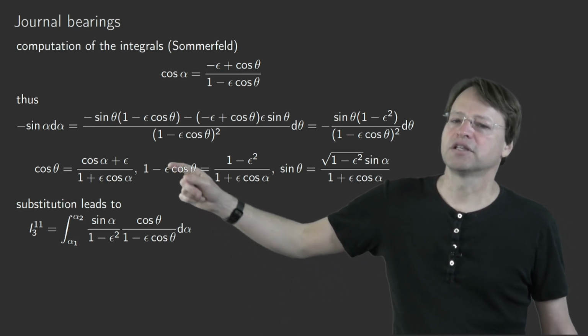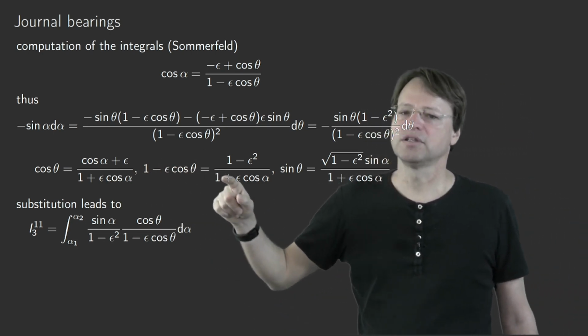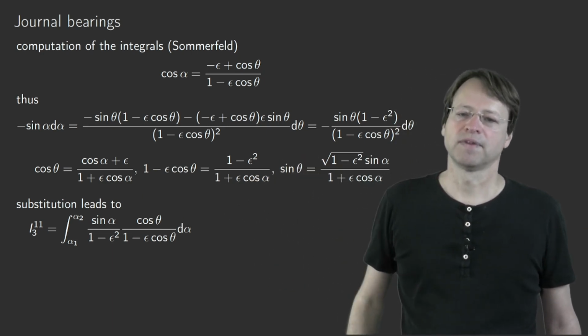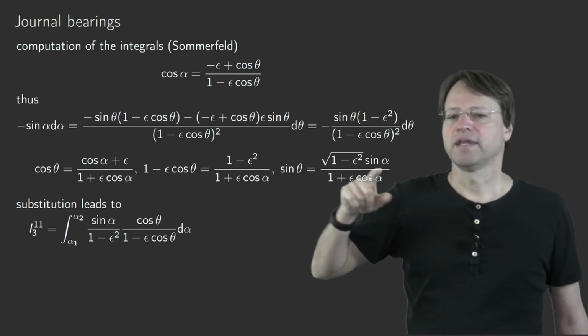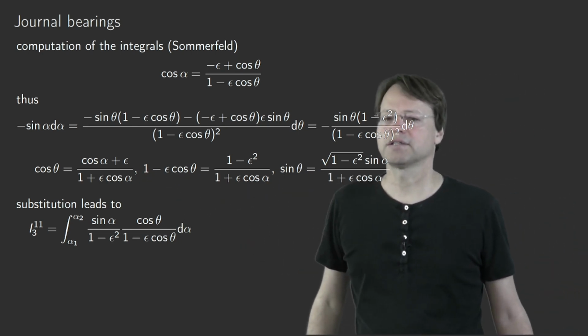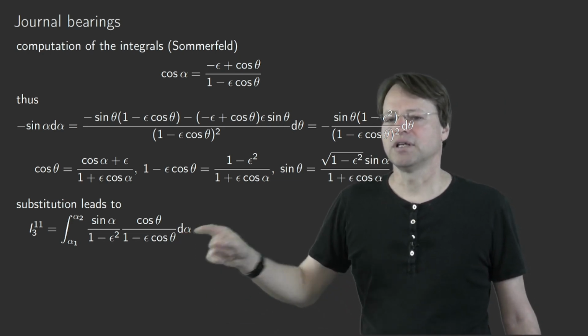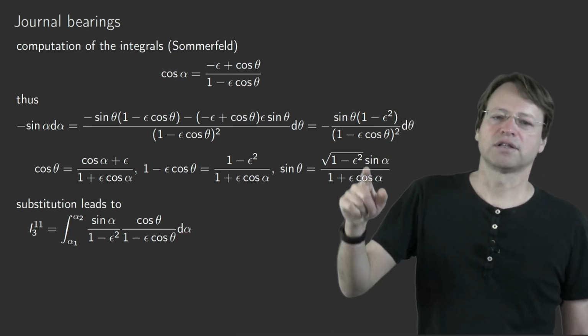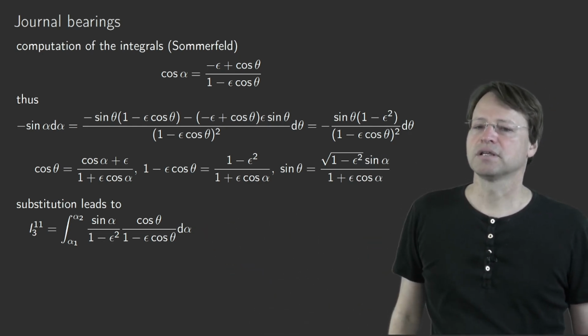If you look at these expressions, you see that the denominator of these expressions is always the same. So if you have a ratio of two of these terms, the denominator will always cancel. And there's another good thing. The only thing that will be in the denominator, due to the fact that we lose the second power, is the term 1 minus epsilon cosine theta.